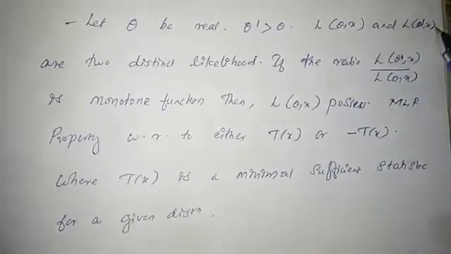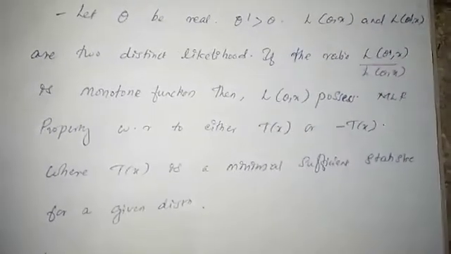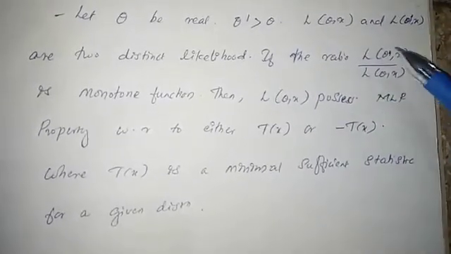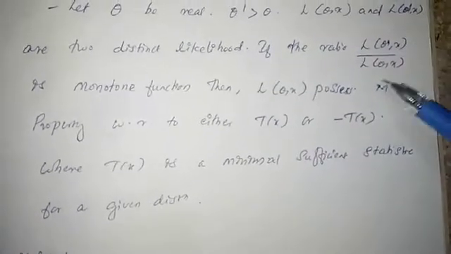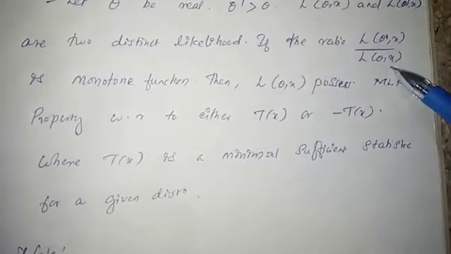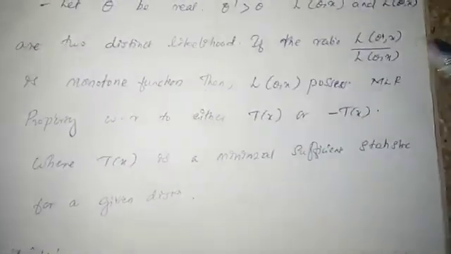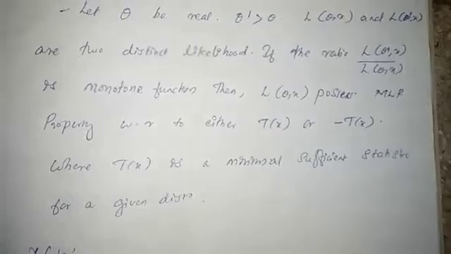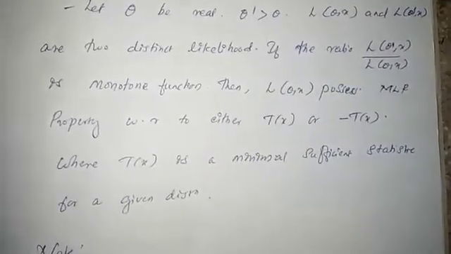If the ratio of these two likelihoods, likelihood under theta dash divided by likelihood under theta, is a monotone function, then what is a monotone function? A monotone function is a function which is either entirely non-decreasing or entirely non-increasing.